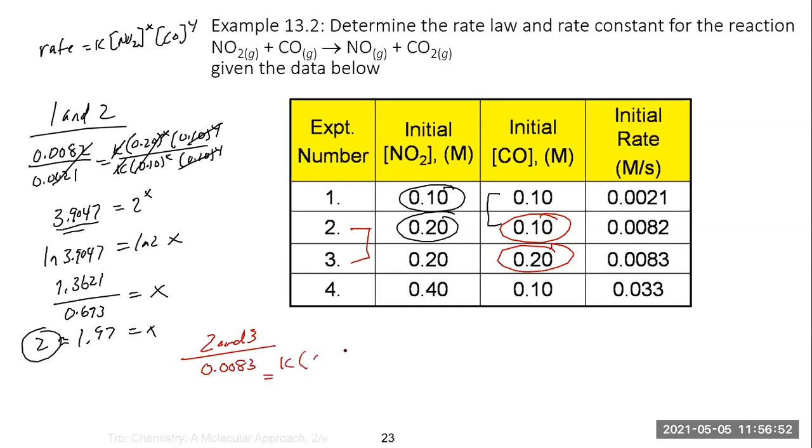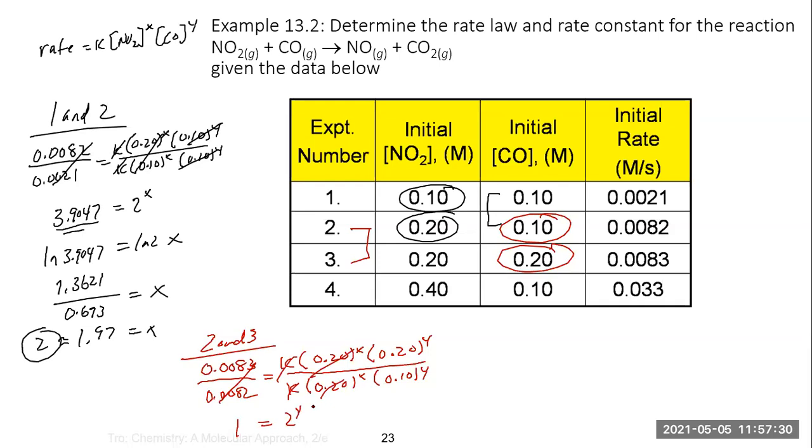That's 0.2 to the y, putting our number 2 on the bottom. Number 2 keeps the NO2 constant and the CO varied. When we divide 0.0083 by 0.0082, it's essentially 1, and the other terms cancel. That's going to give me 2 to the y.